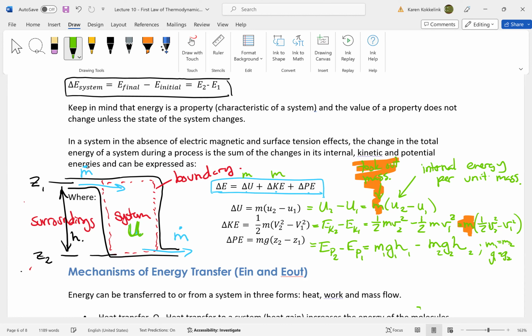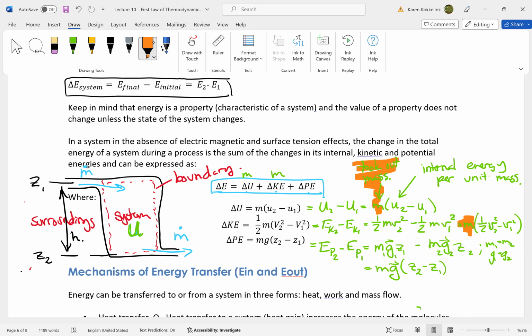It's 9.81 meters per second squared. That's just the acceleration due to gravity here on planet Earth. And it's not really an h, it's really a position, so I shouldn't have put h in there. I should have put a position. So I'm going to factor out m because they're the same, and I'm going to get z2 minus z1. I also factored out g, the acceleration due to gravity, because they're the same.